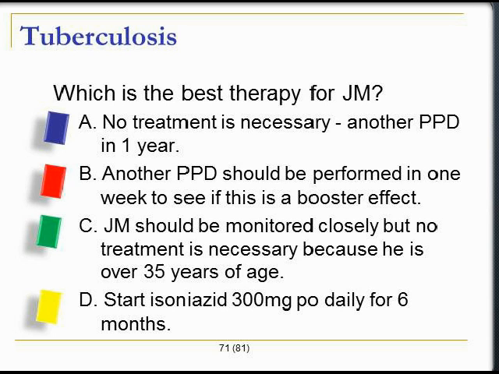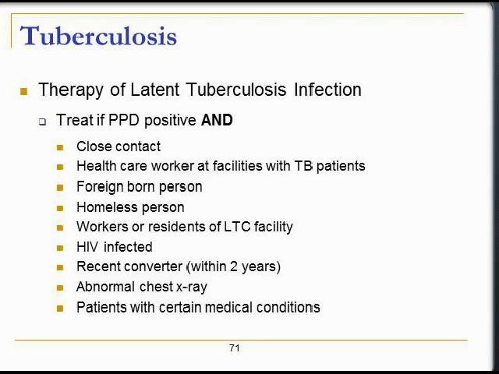All right, most people have that answer, much to healthcare providers' chagrin. So therapy of latent TB is if you are PPD positive, and I've given you the guidelines in what is considered PPD positive, and you have any of these risk factors. And you notice one of them is healthcare worker at facilities with TB patients.